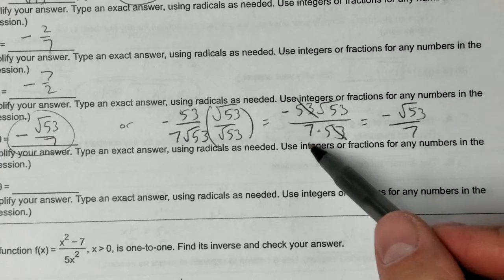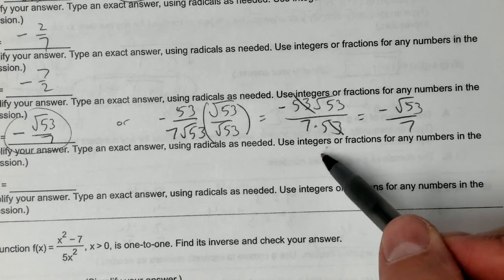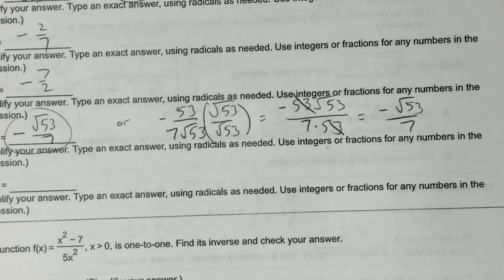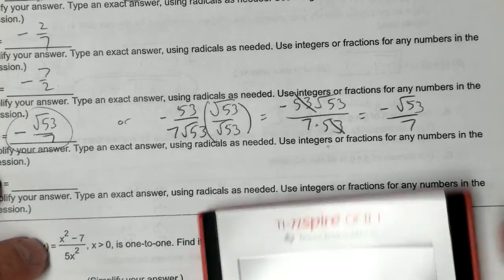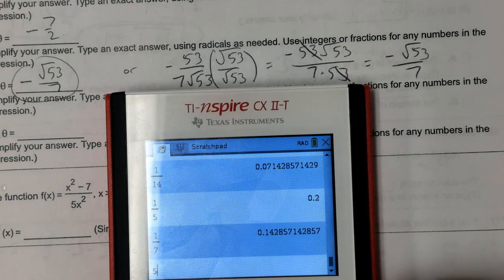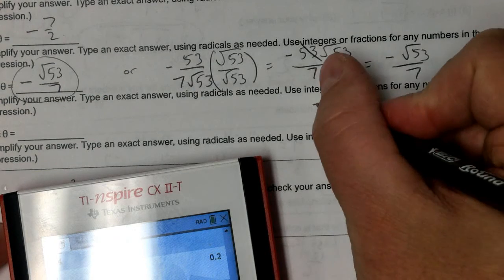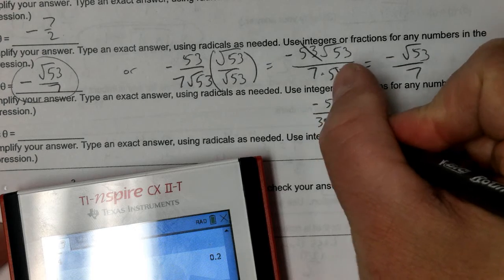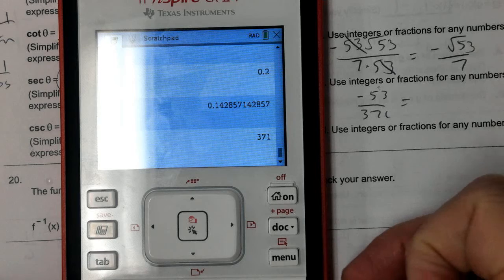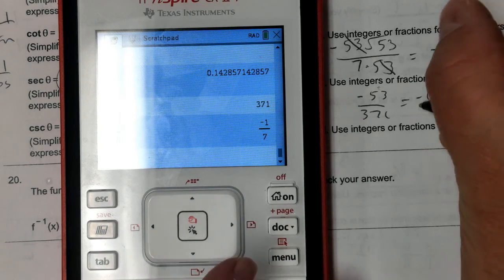I don't even bother multiplying it, because if you do multiply it, it's going to count it wrong on your Math Excel unless you reduce it. So like, what I'm saying is 53 times 7 is 371. You would have had to say negative 53 divided by 371, which is negative 1/7.